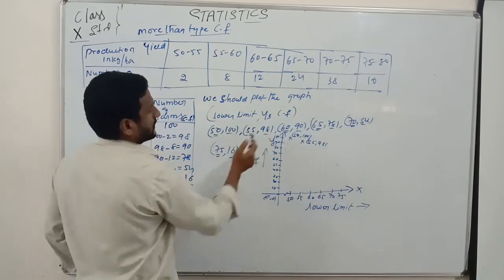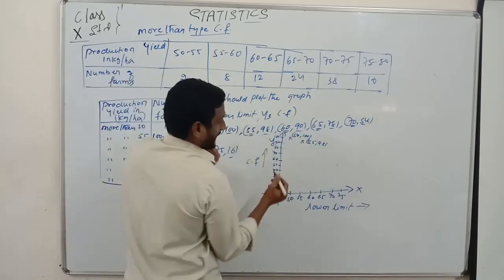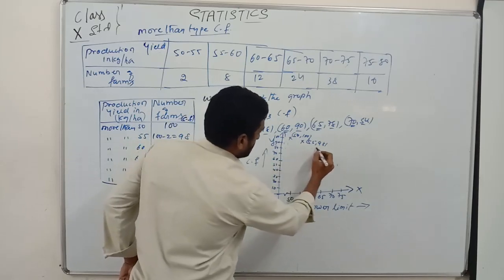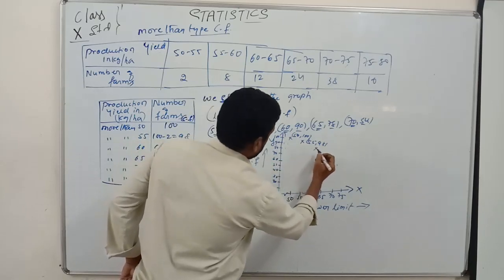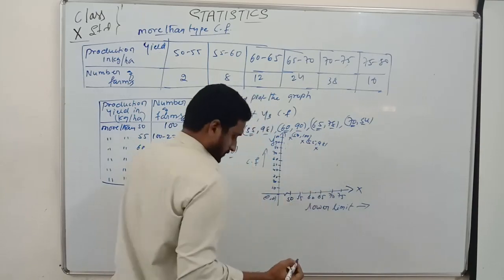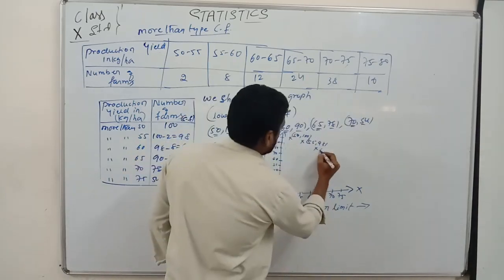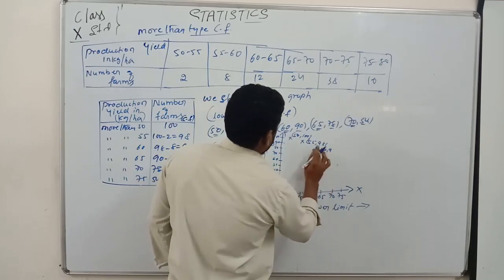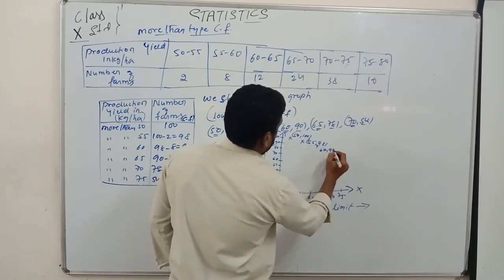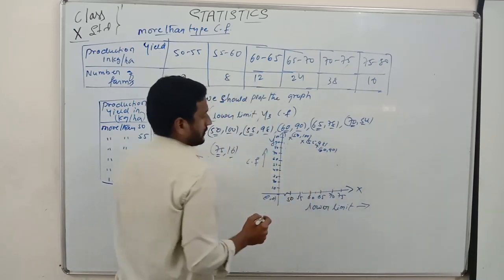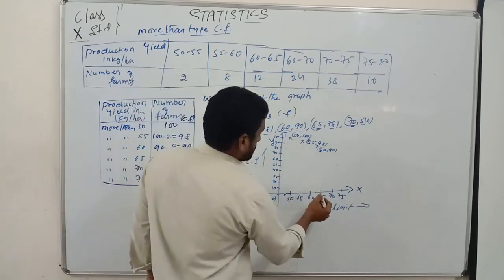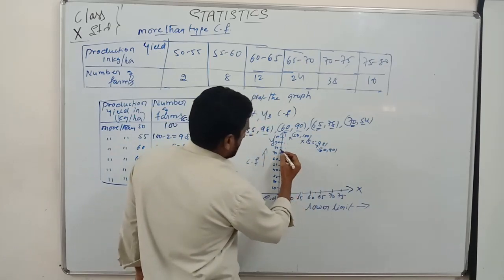Next, 60 at 90. 60 here and 90 here, so 60 comes here with a star mark, a little above here. Next, 65 at 78, which means 70 after 8 lines.